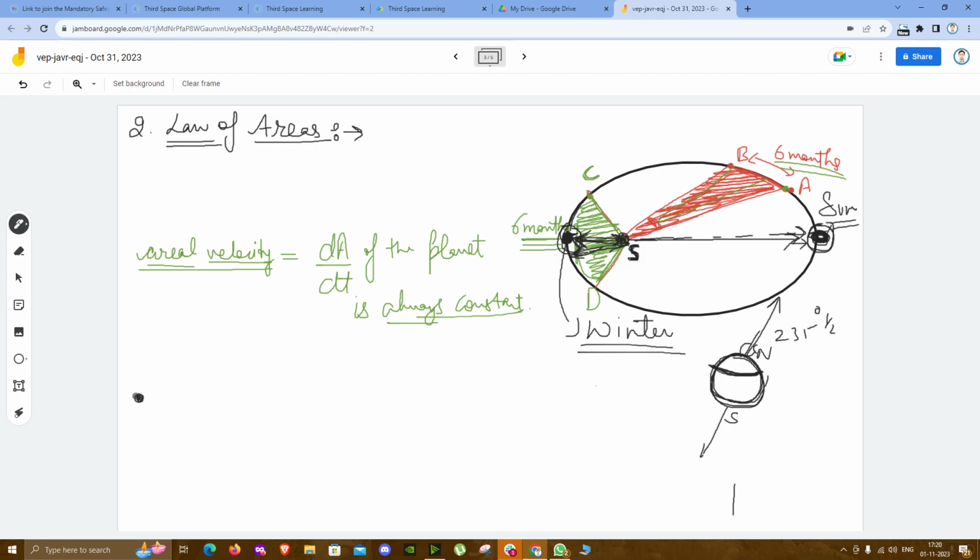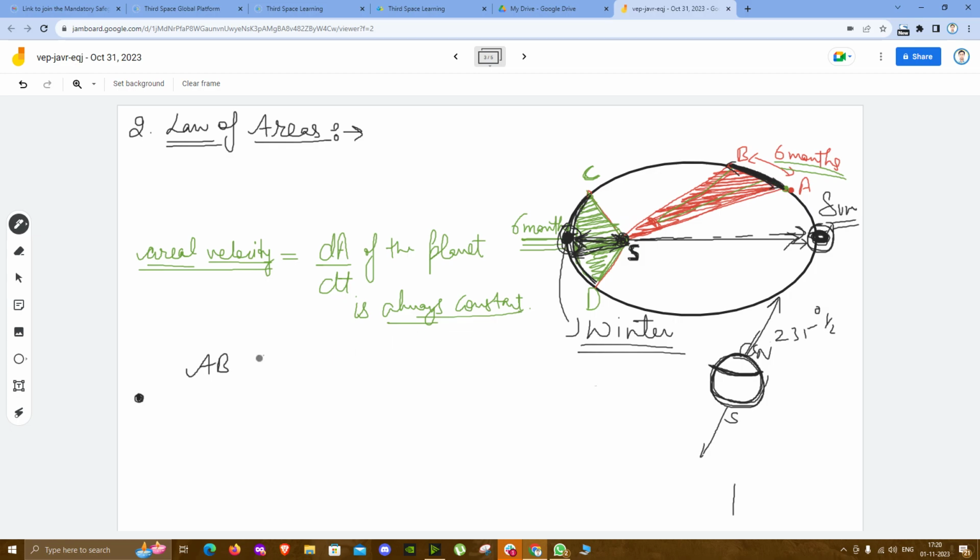Let me tell you one very important thing about the law of areas. The distance from here to here, as you can see, is not as big as the distance from here to here. This distance is bigger, but the planet is taking 6 months in both cases, although the distance from A to B is smaller.